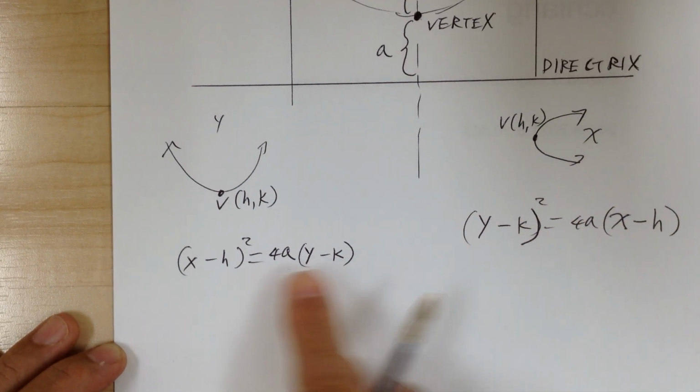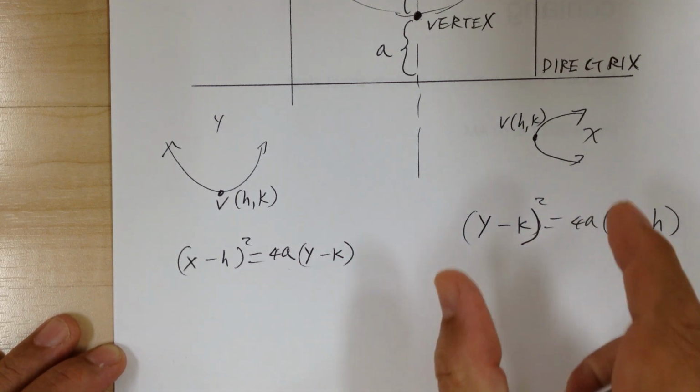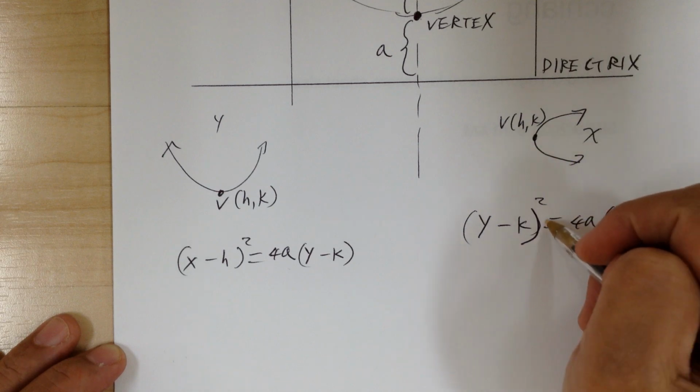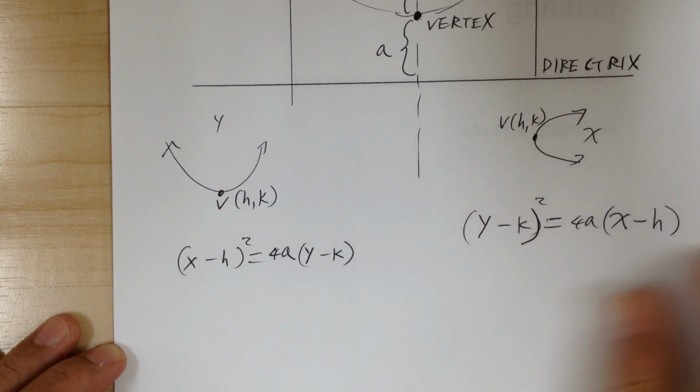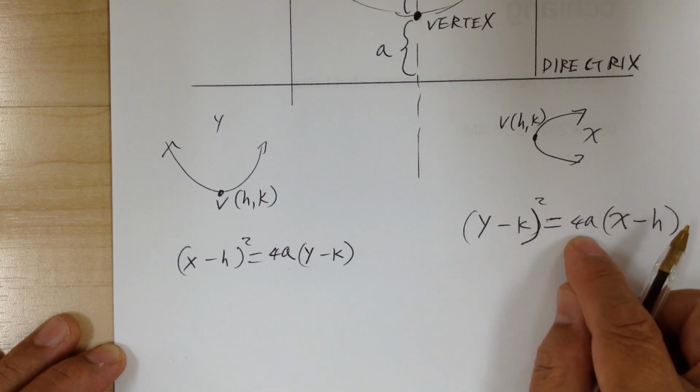So you've got two forms, depending on what direction it's opening to. Again, once you complete the square, everything that is not part of the perfect square goes on the other side. And you need to factor out whatever the coefficient of the x is and put it over here.